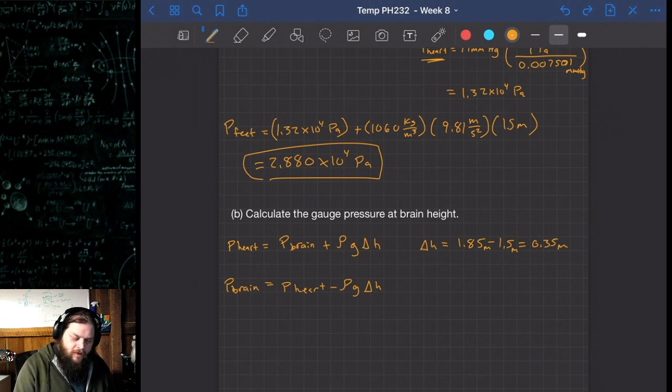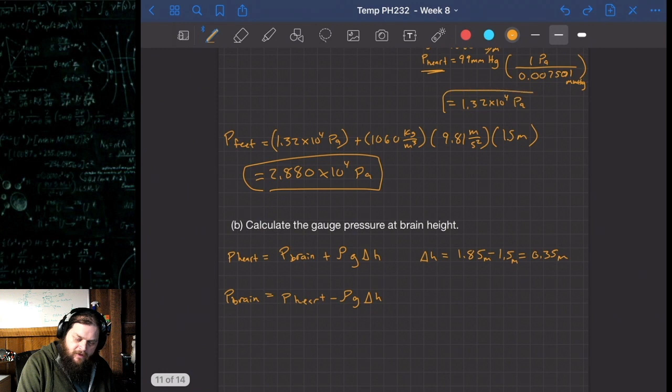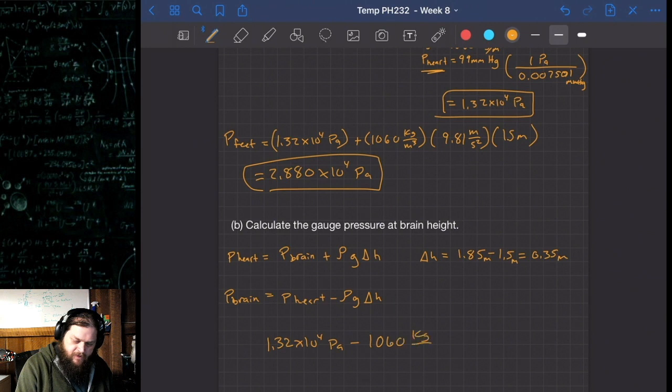So now solving for the brain, we can enter the pressure of the heart, which we said is this value up here. So that's 1.32 times 10 to the 4th pascals minus the density, 1060 kilograms per meter cubed, multiplied by gravity, 9.81 meters per second squared, and then multiplied by the difference in height, which is 0.35 meters.